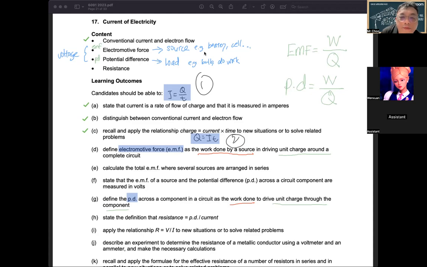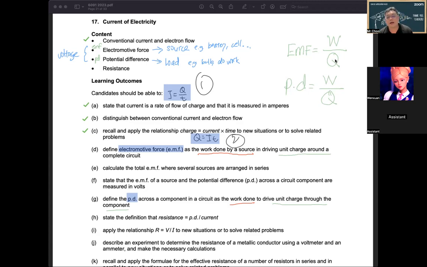So the PD of the bulb is the amount of work required to drive one unit of charge across the bulb. Is that clear? Whereas the EMF of the battery is the amount of work that is able to drive one unit of charge across the whole circuit. Clear so far? Understand?